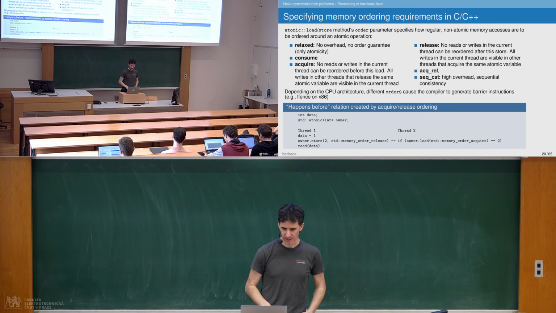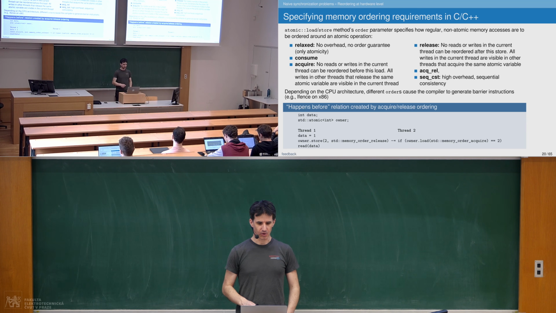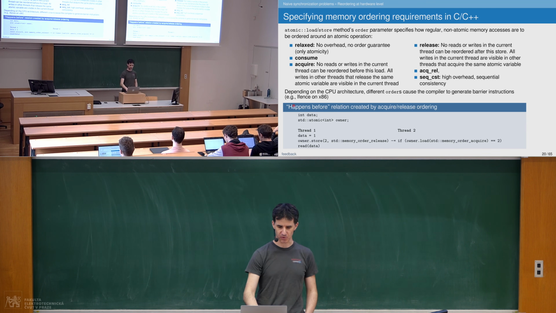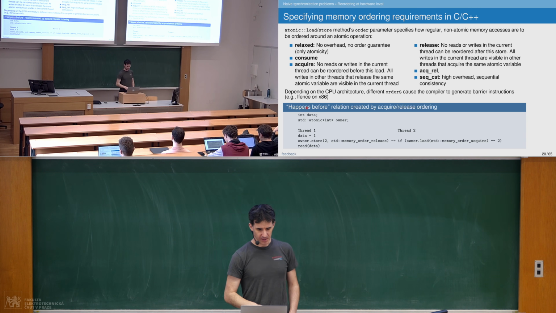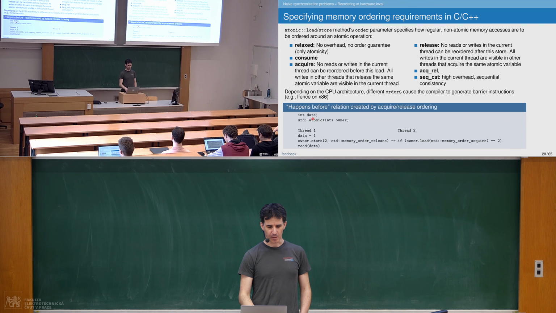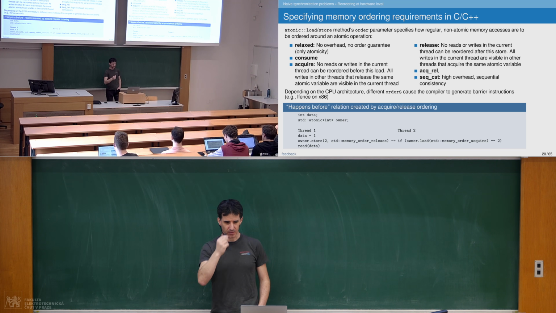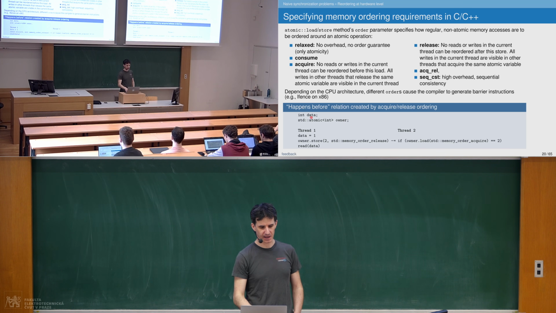To demonstrate that on an example and to go back to the happens-before relation, imagine that we have two variables. We have a normal variable called data, and we have an atomic integer variable called owner, and this owner variable will define who can access this data.